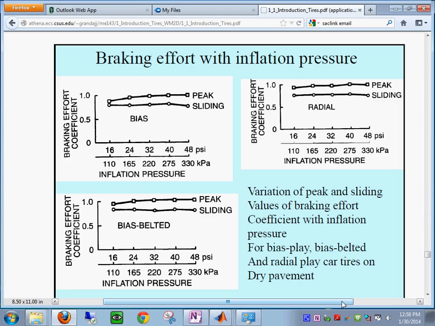On this right hand side is for the radial tire.